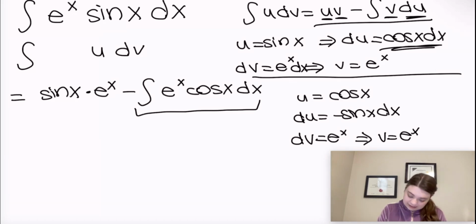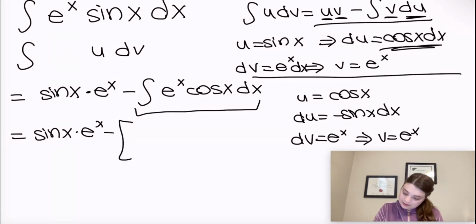And now let's do our subbing. So we're still going to end up with sine x times e to the power x. And then this one here is going to be u times v, where u this time is cosine x, and then times v, which is e to the power x.